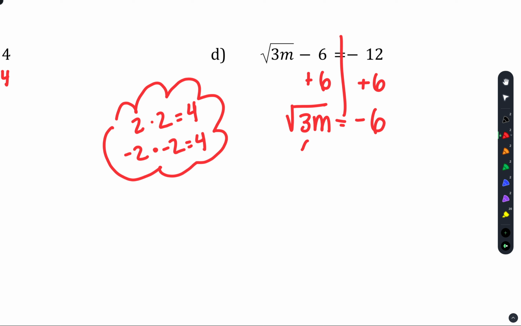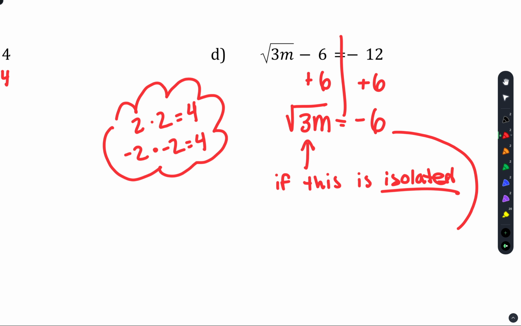So, if this number is isolated, it has to be all the way isolated first. Then this cannot be negative.